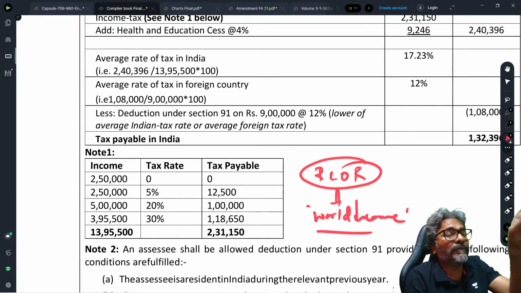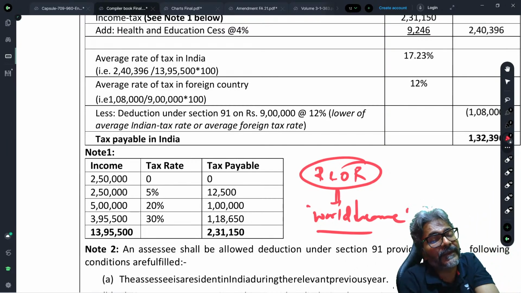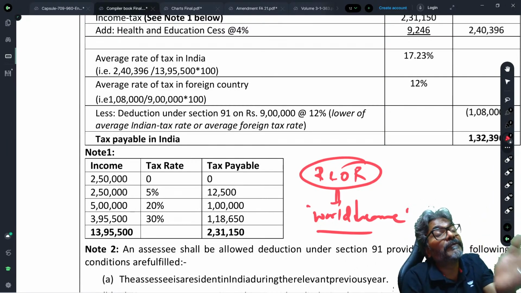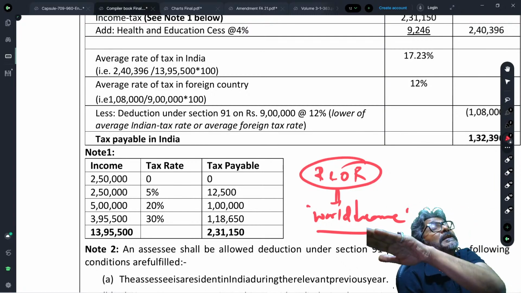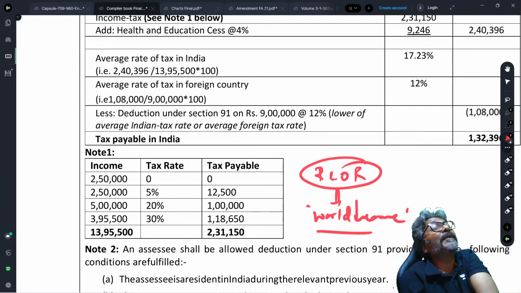That foreign income, which is a part of the total income of this resident and ordinary resident, we will first have to convert into INR. What is the conversion rate?